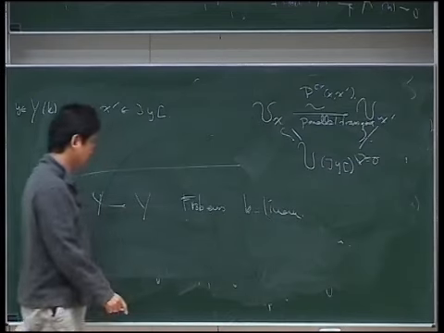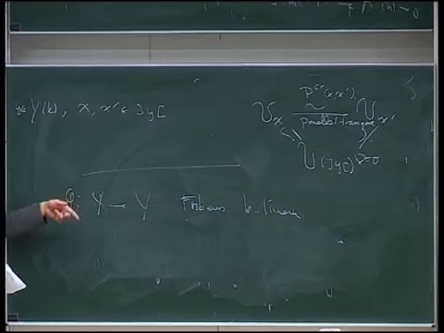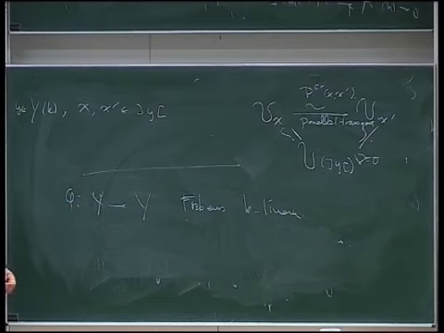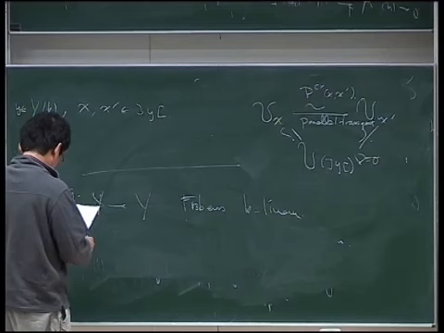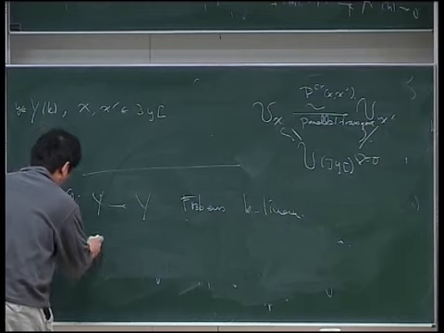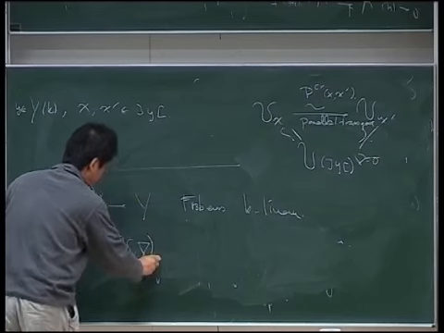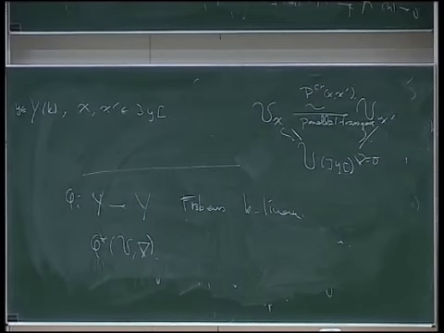You can even define the absolute Frobenius, but I'm not going to bother. Just take the power of the absolute Frobenius that is K-linear. And what we can do is use this to define the Frobenius pullback of a bundle with connection.